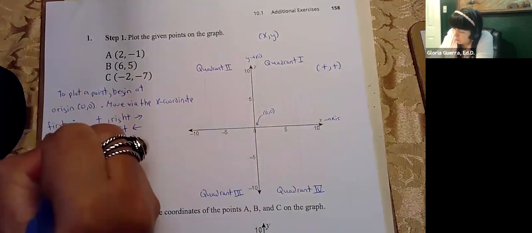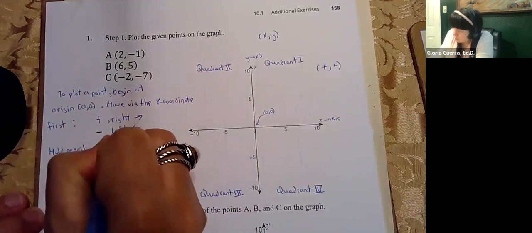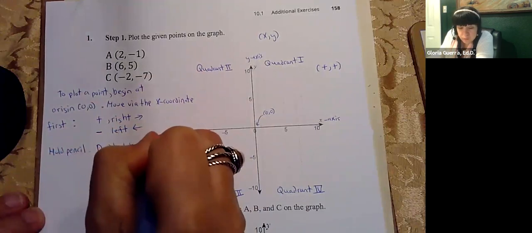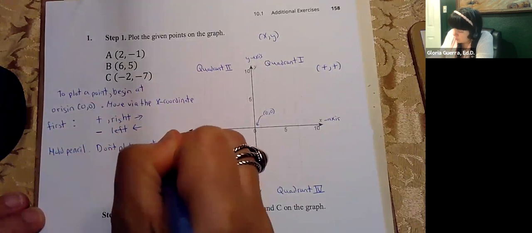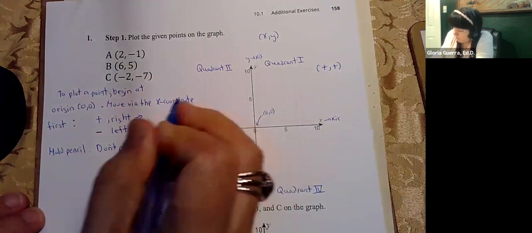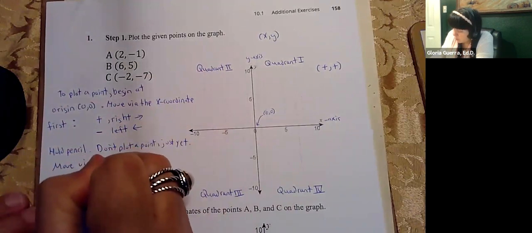And then you're going to hold your pencil. Don't plot the point. Not yet. You don't plot a point just yet, because you have to move via the y coordinate.